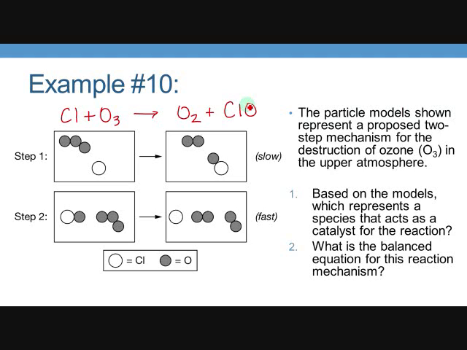Okay, so that is the reaction for step 1. Now let's look at and figure out the reaction for step 2. So we have the ClO plus O3 turns into Cl and 2 O2s. Okay.